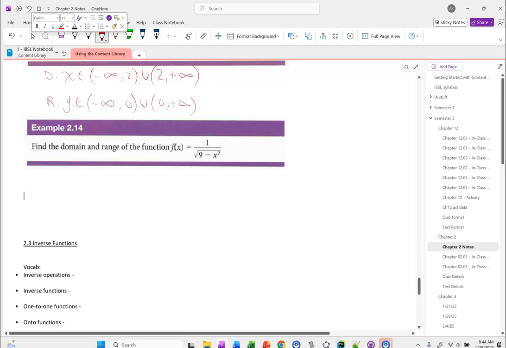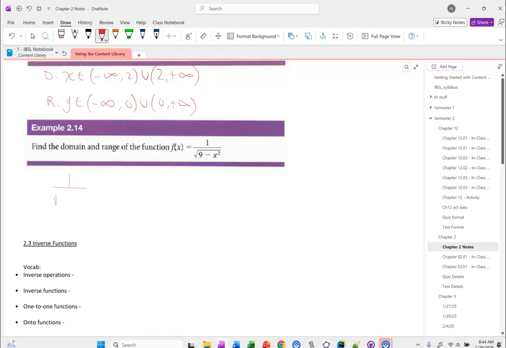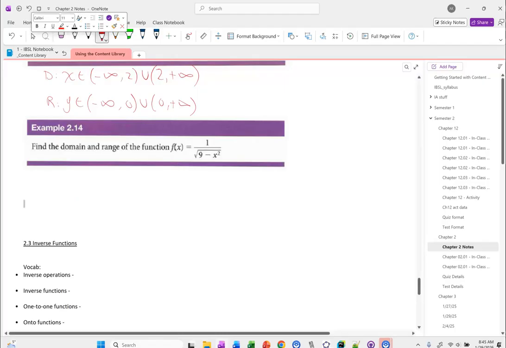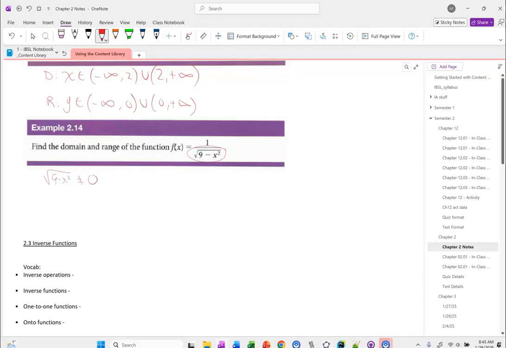That's got a lot going on there. So here's what I'm going to do. Is we know that because it's a fraction, that the denominator cannot be 0, right?